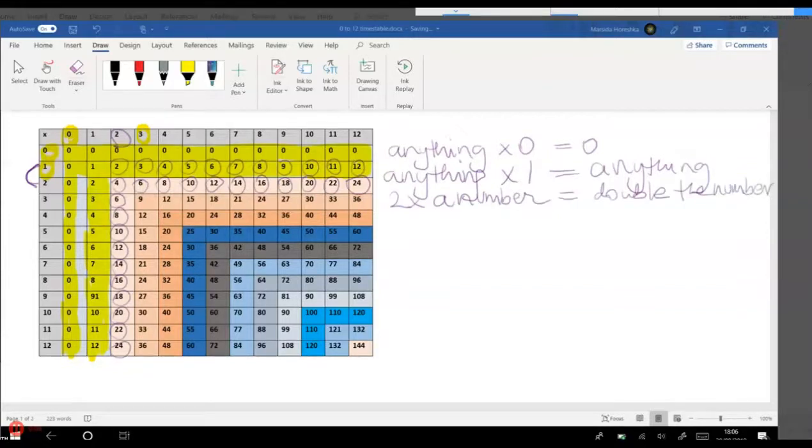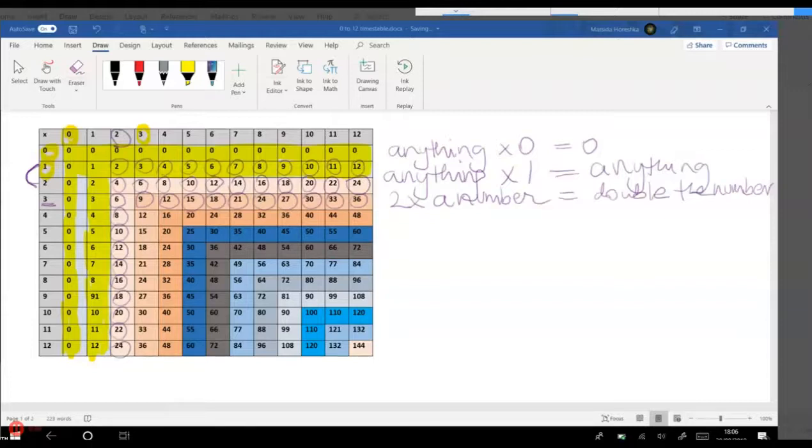And moving on to the 3's. So we've got 3 times 2 is 6, 3 times 3 is 9, 3 times 4 is 12, 3 times 5 is 15, and so on. So you can work out 3's by going, okay, I want to work out 3 times 7, so I got 7, add 7, add 7, 3 lots of 7.